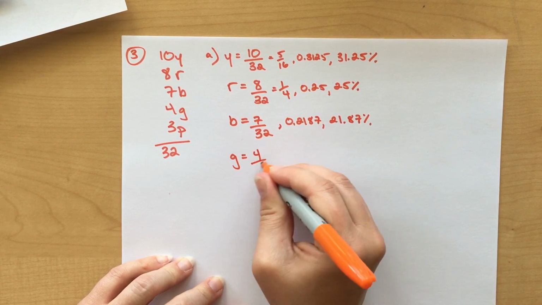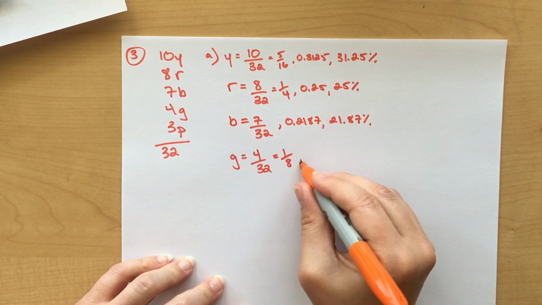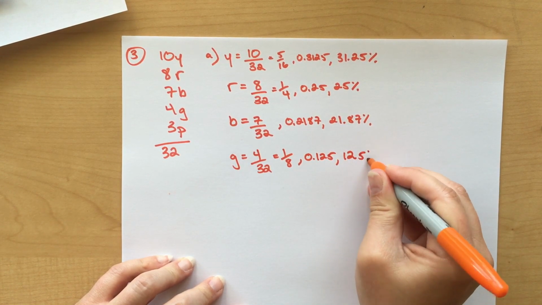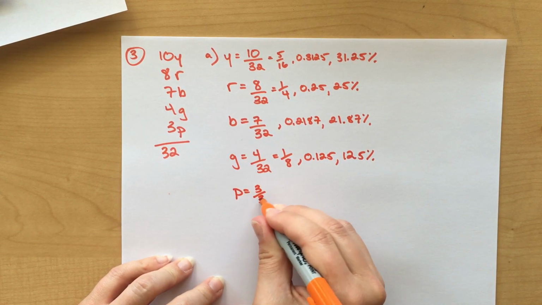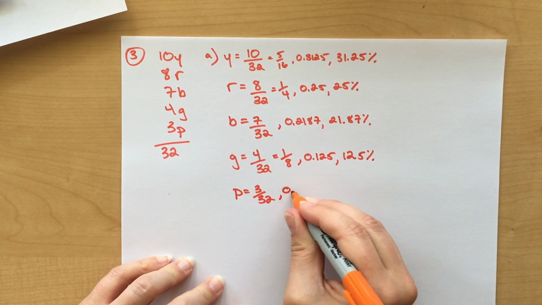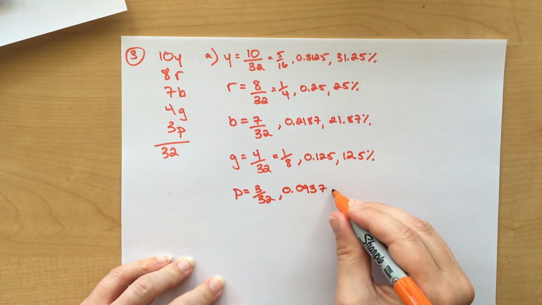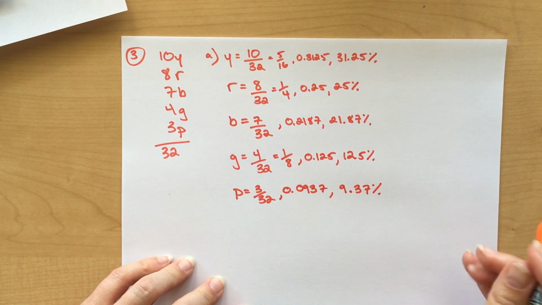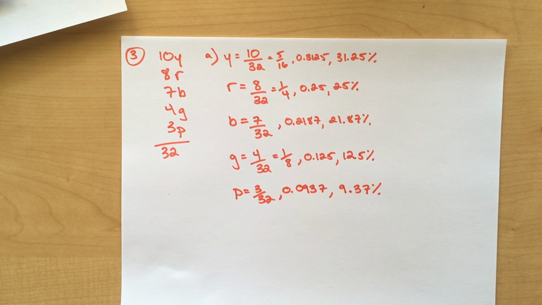Green will be 4 out of 32, which is reduced to a 1/8, or 0.125, or 12.5%. And purple will be 3 out of 32, same thing, that can't be reduced, 0.0937, which will be 9.37%. Okay, so these are all the theoretical probabilities for getting those colors in the marbles.